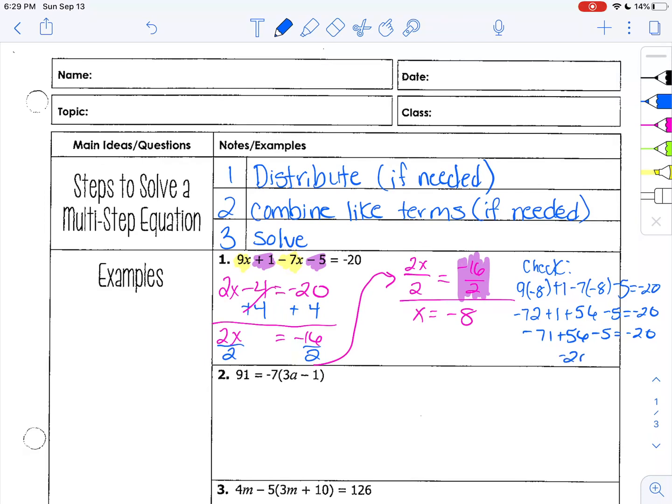And it comes out to negative 20 equals negative 20, which is true. So then I can say that x equals negative 8 is my final answer.